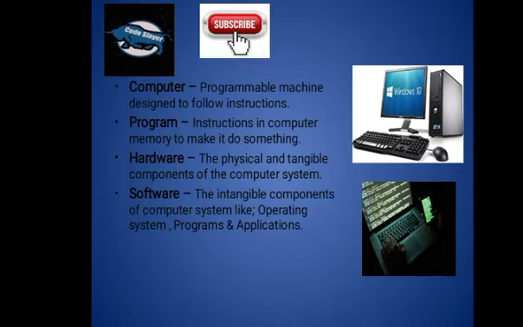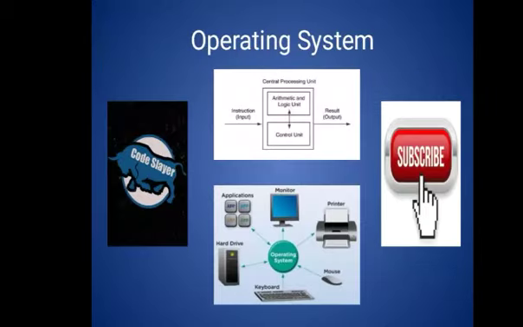This can include the CPU, keyboard, mouse, and the monitor screen of a computer system. So, coming towards the software, software is an intangible component of a computer system like the operating system, programs, and applications.